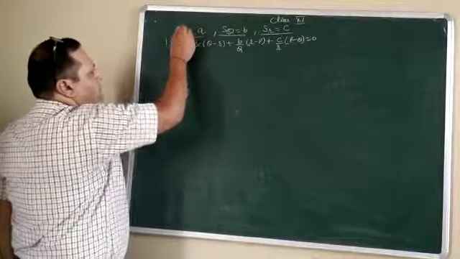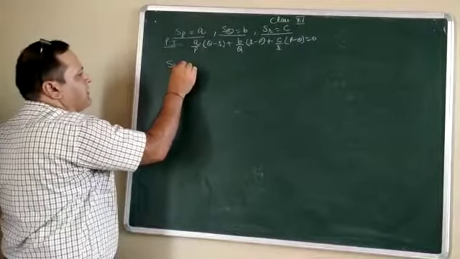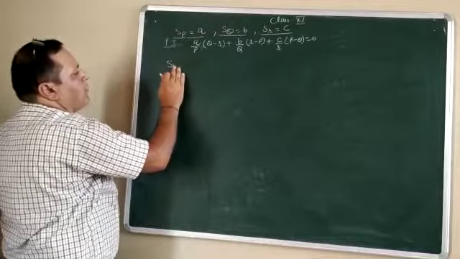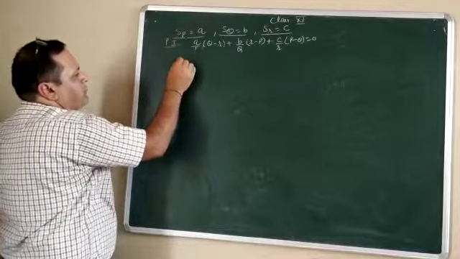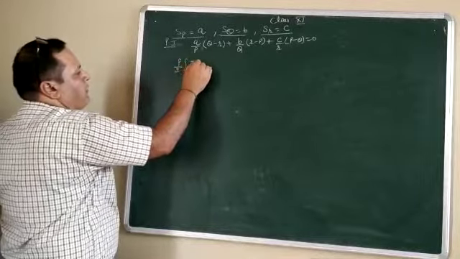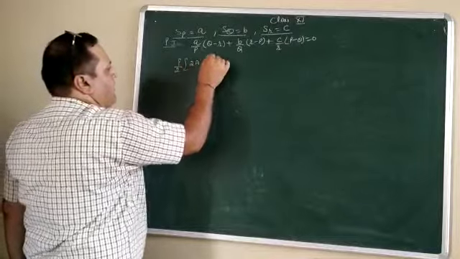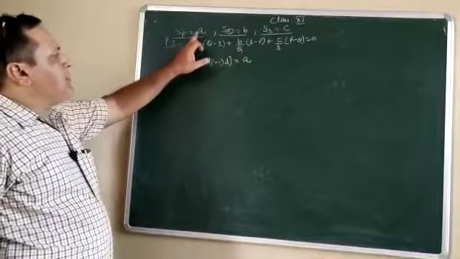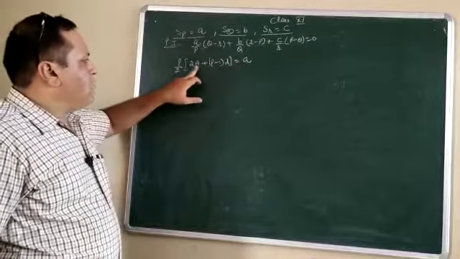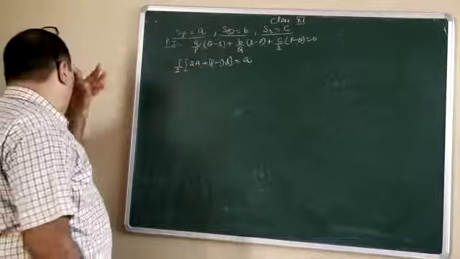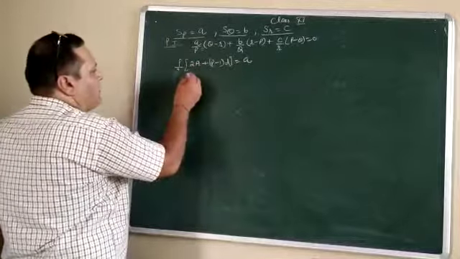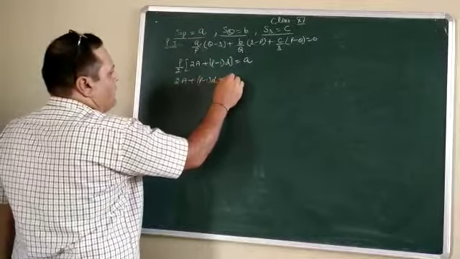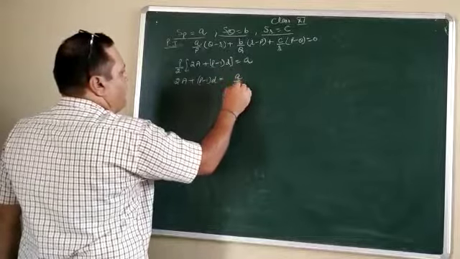First of all, the sum of p terms, S_p, is equal to a. It is given to you, and according to us the formula of S_p is p by 2 into 2a plus p minus 1 into d, that is equal to A. Because in the statement small a is used, I have used capital A here. Now transfer this p to this side. What does it become? 2a plus p minus 1 into d is equal to 2A upon p.